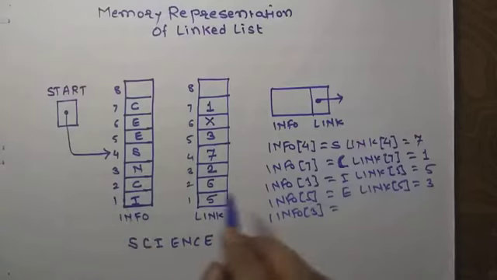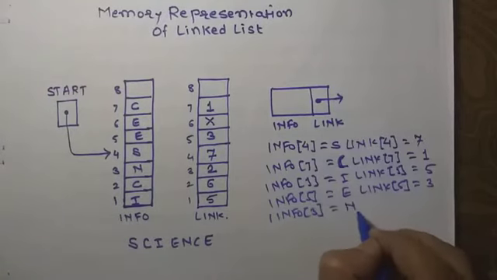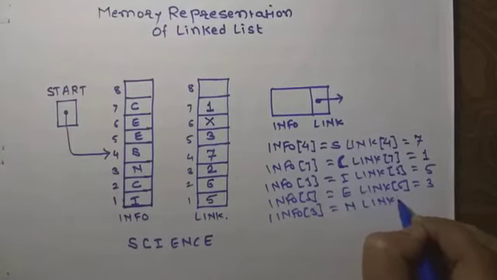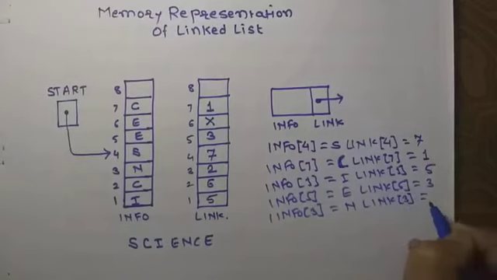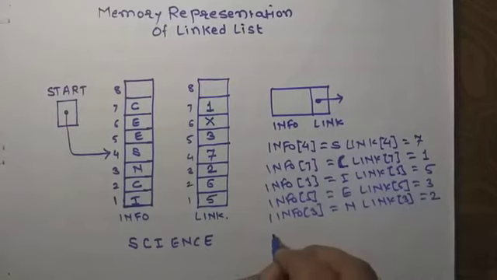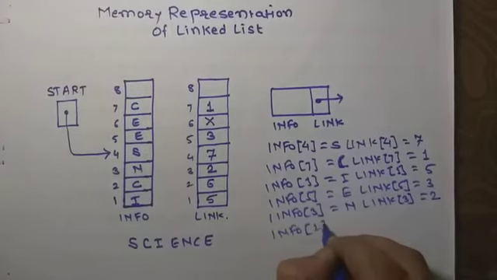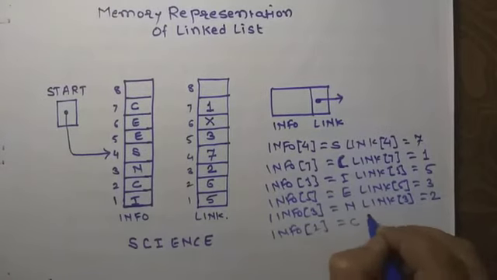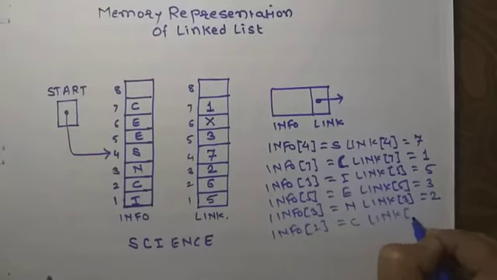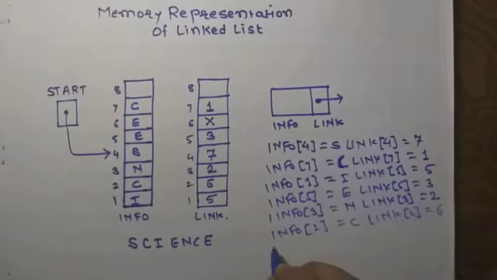Info of 3 is equal to N, and link of 3 is 2. Info of 2 is equal to C, link of 2 is 6.